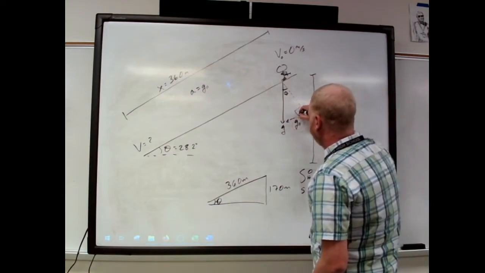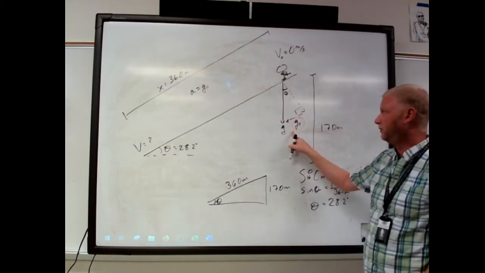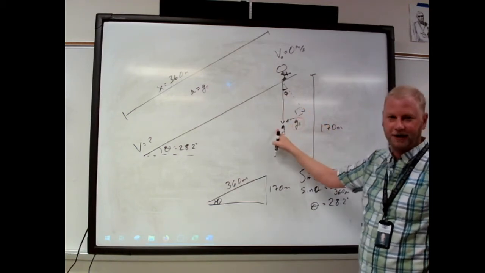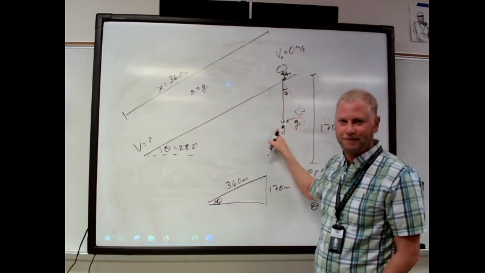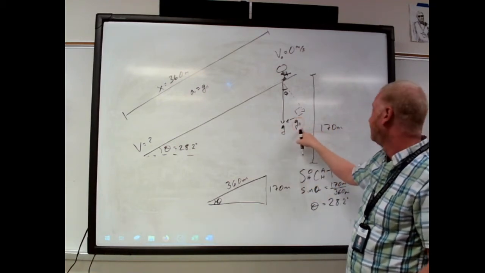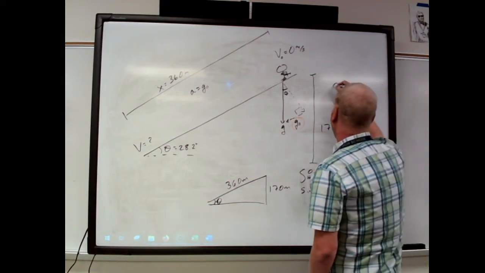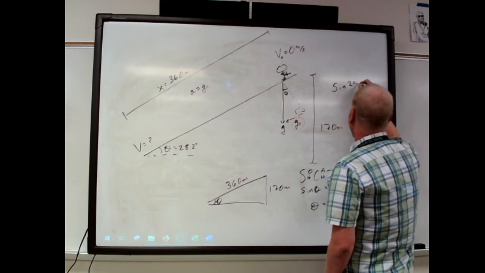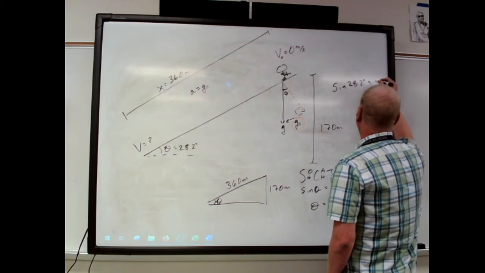So now we've got to look at this right triangle. We know the angle is 28.2 degrees. We know the hypotenuse, g, is 9.8 meters per second squared. We need to find this opposite side. So again, we're going to go into our trig functions.